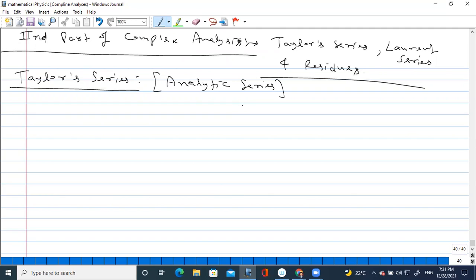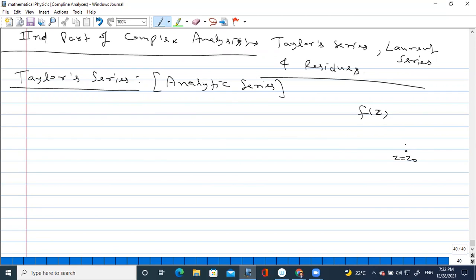Okay. Now, what do we want to do actually here? Suppose we have a function f(z) and we want to see the value of this function about some point. This point is z equal to z0. This is one point. Okay.